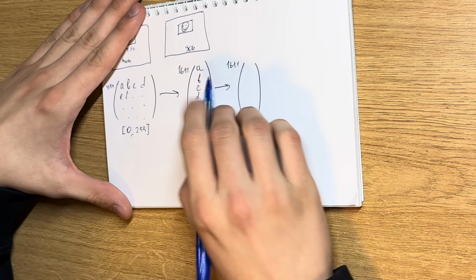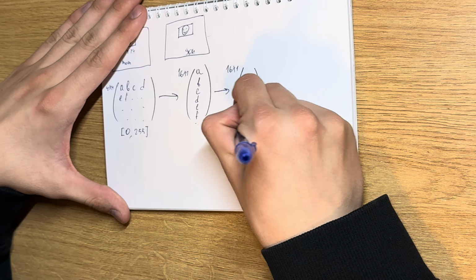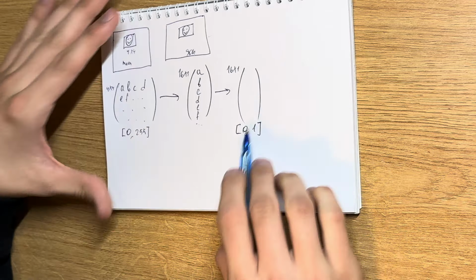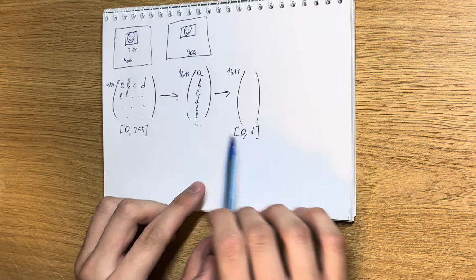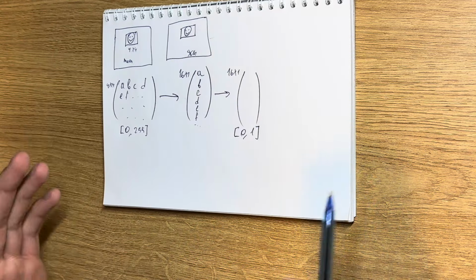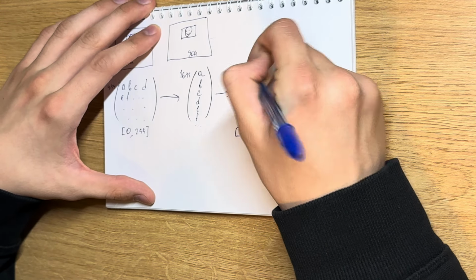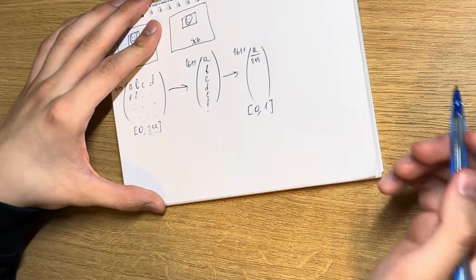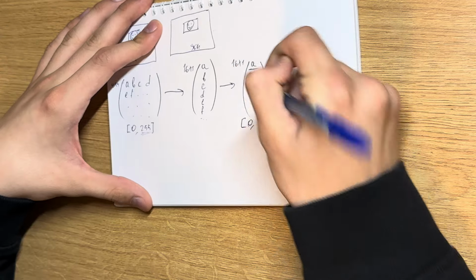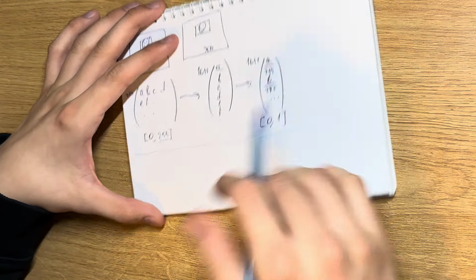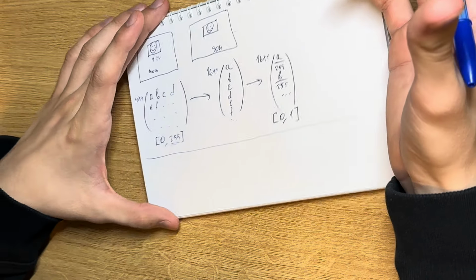It's going to be again a 16 by 1 vector, and after normalizing, each element of the vector will be in the range from 0 to 1. How to do it? We just divide by the maximum number, in our case 255.